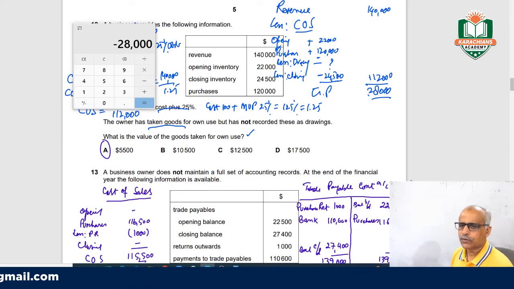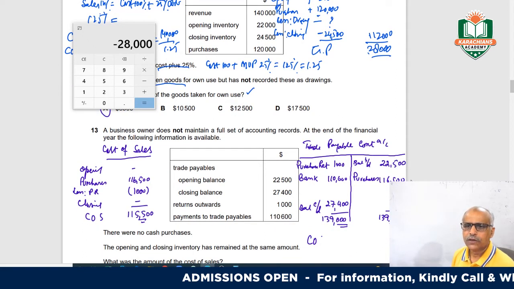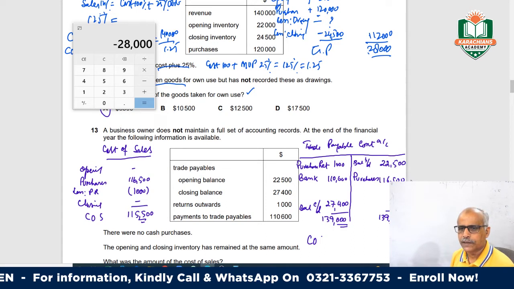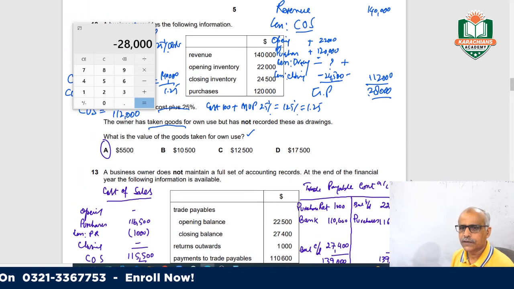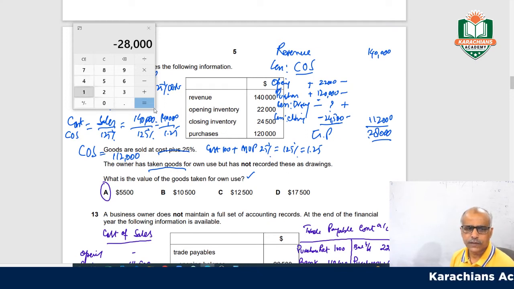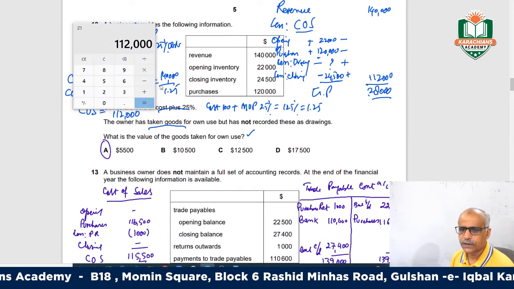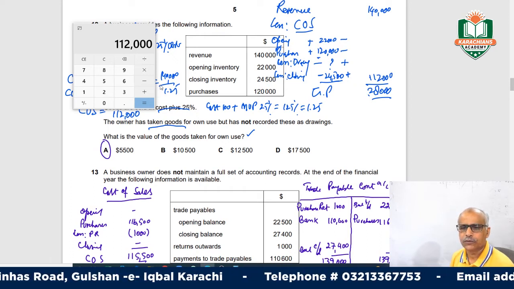How are you working this out? Plus opening plus purchases minus drawings minus closing. So when you have 112, you reverse this process. You reverse the process, and you will get the drawing. So this is 112,000. From this, you add the closing. In normal process you deduct it; now in reversal process you add it.